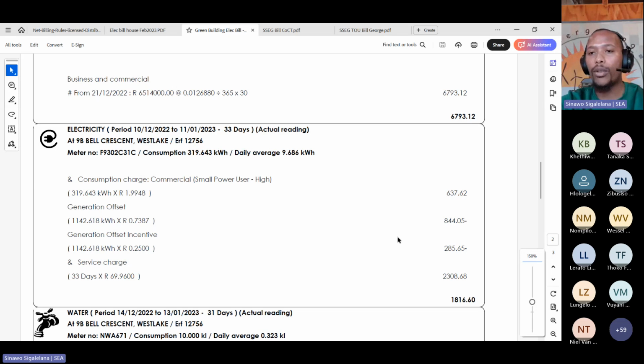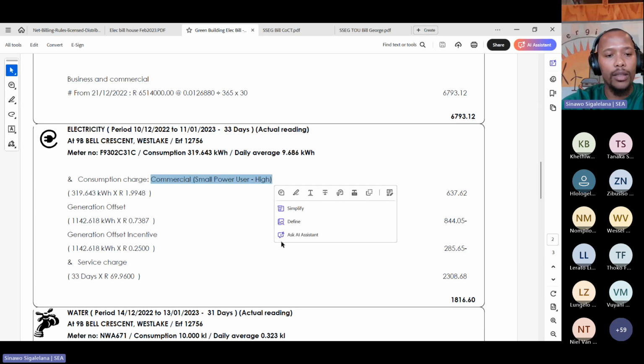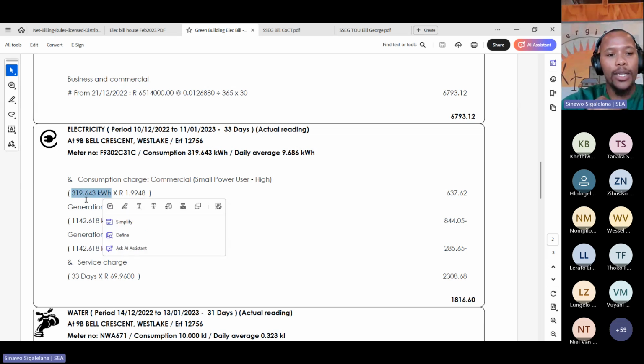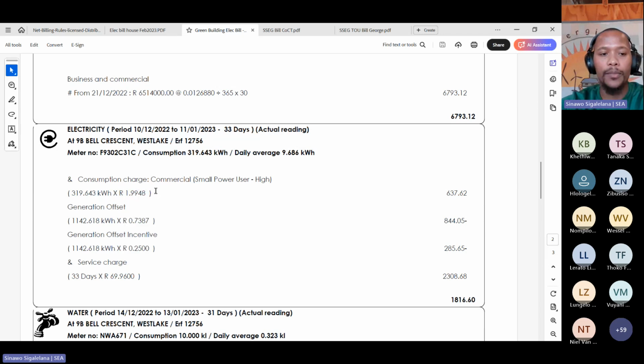So for this office building, this is at a time when the rules were not promulgated. All right. So in our office, it's now a commercial small power user. This is the consumption, 319.643 kilowatt hours at this rate. You see, it's also not time of use.